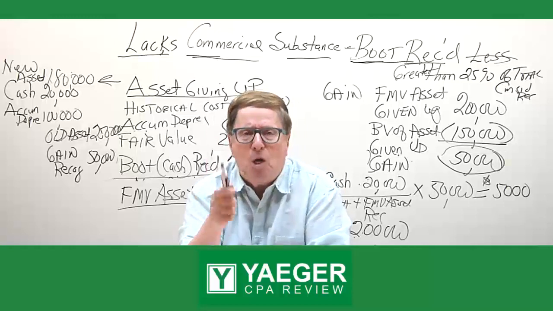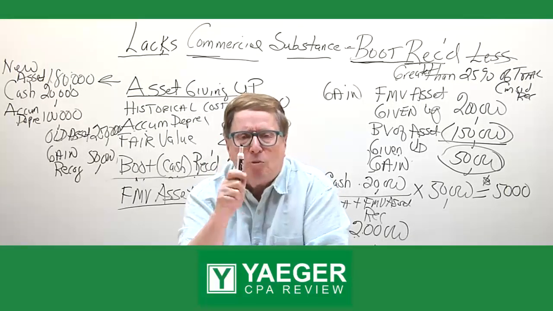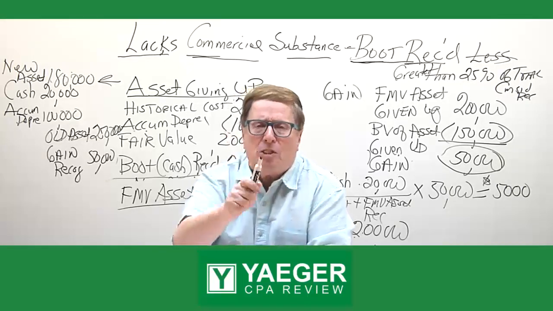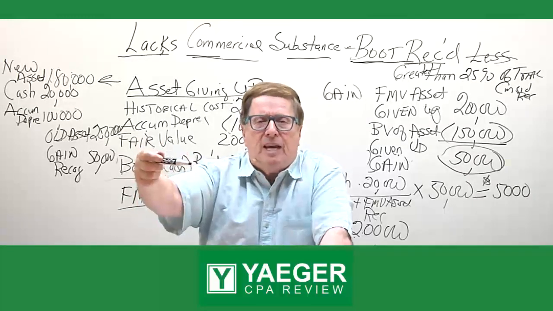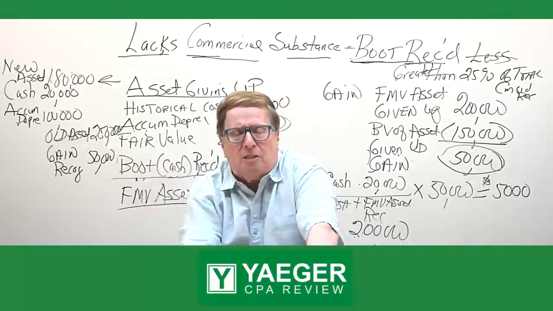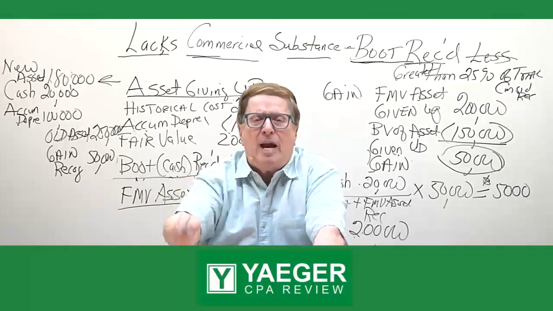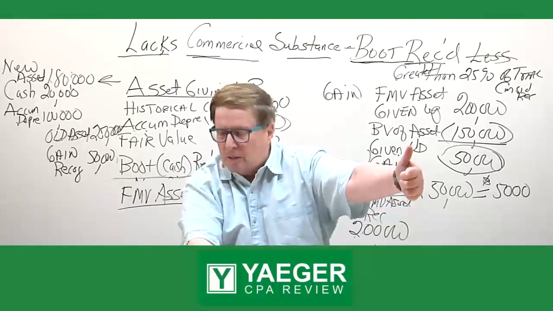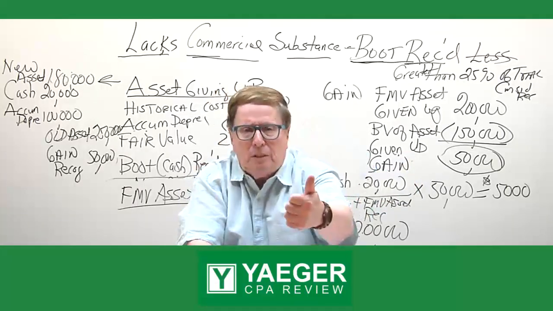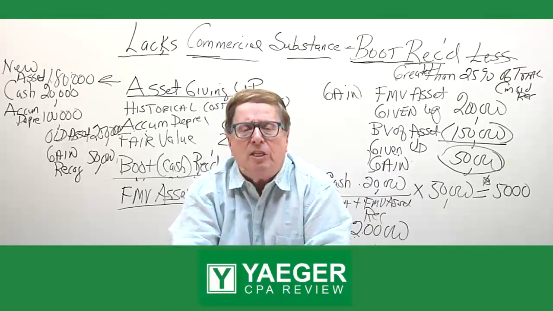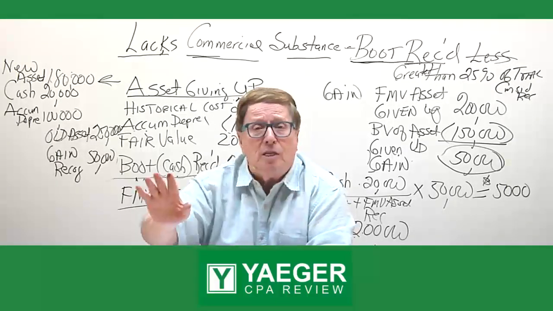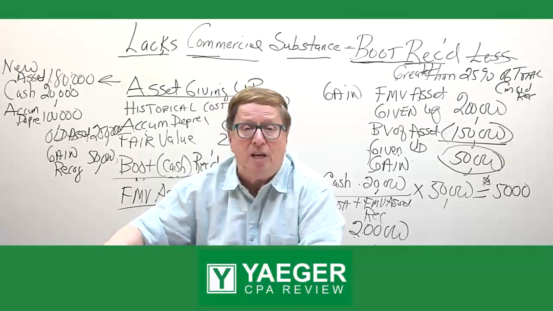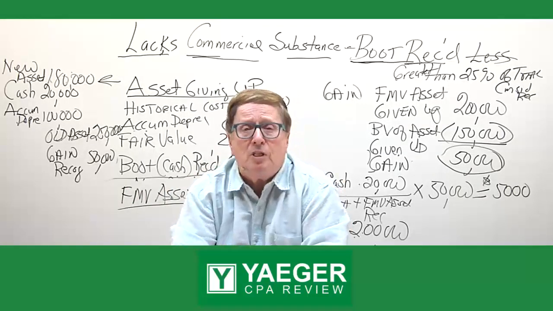When you calculate the gain, which is the excess of the fair market value of the asset given up minus the book value of the asset given up, all the gain is recognized when it lacks commercial substance and you receive boot greater than 25% of the total consideration. If there was a loss, all the loss is recognized. Loss is recognized in full in every situation because of conservatism.